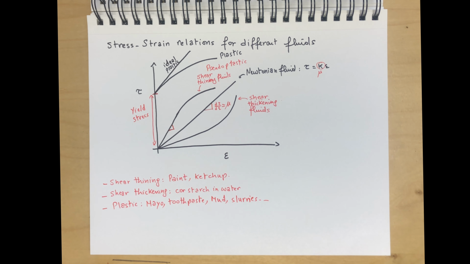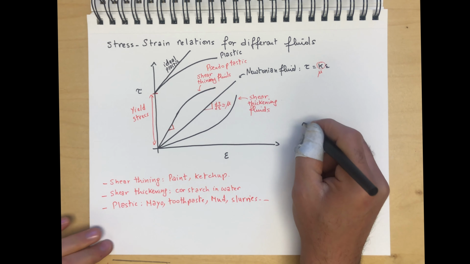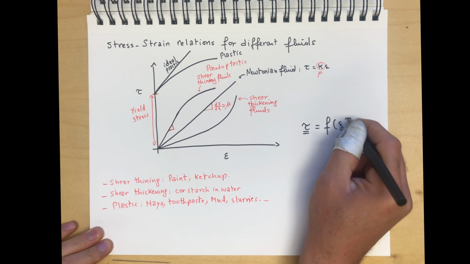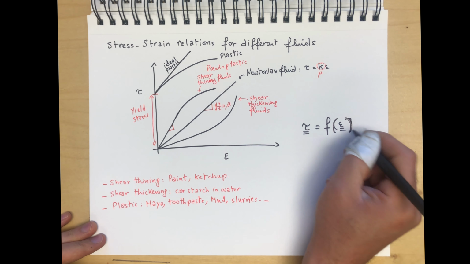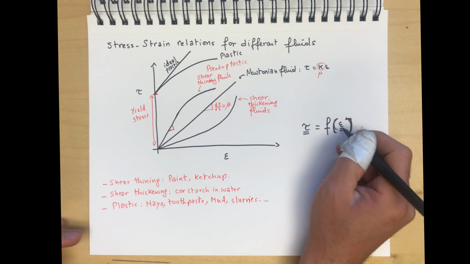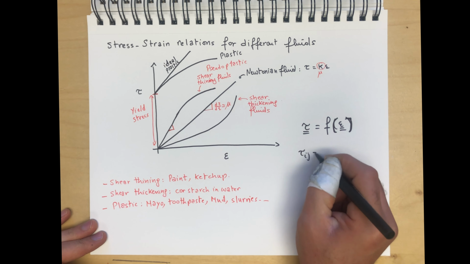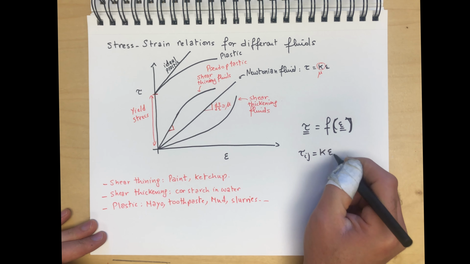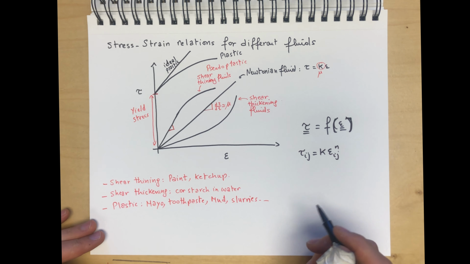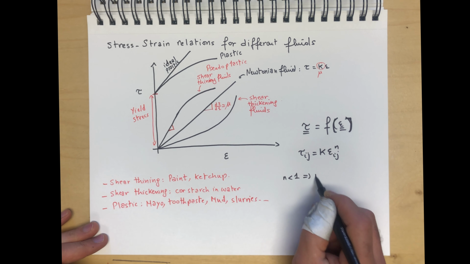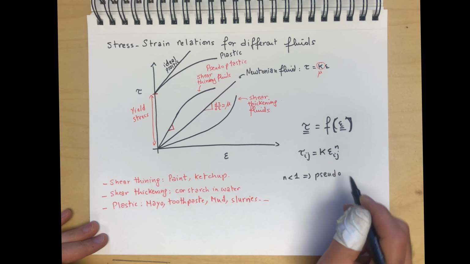Okay, this gives you a general idea of the complexity of the relation between tau and epsilon. And in general, there's this huge matrix of different multipliers relating tau and epsilon. One simple generic model is to say tau ij is equal to some constant times epsilon ij to the power n. And when n is less than 1, we get pseudoplastic, so shear thinning.